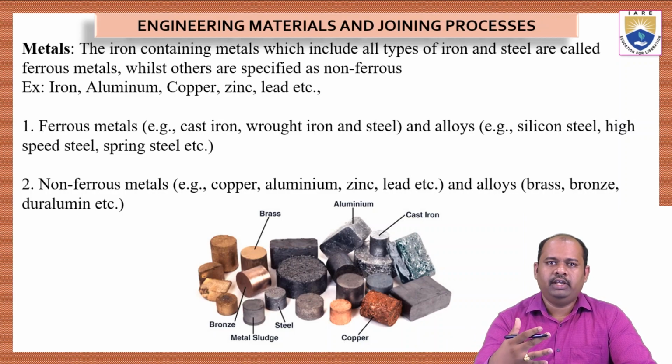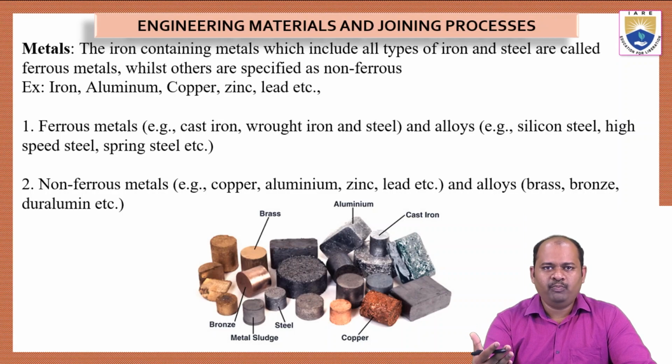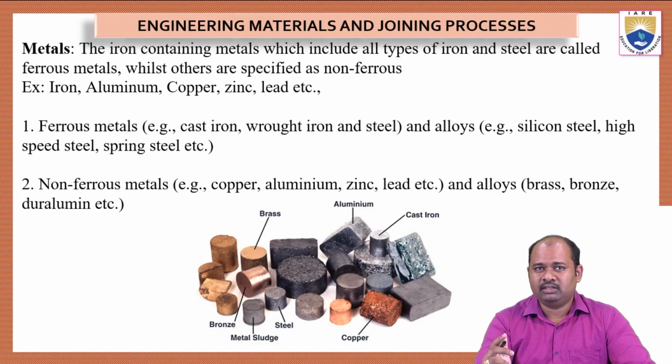Also, in different compositions iron can act differently, which we call alloys. Iron has many types of alloys. Depending on the composition and percentage of carbon in iron, it can exhibit multiple properties. These properties are very different from each other, which we are going to see in the coming slides.